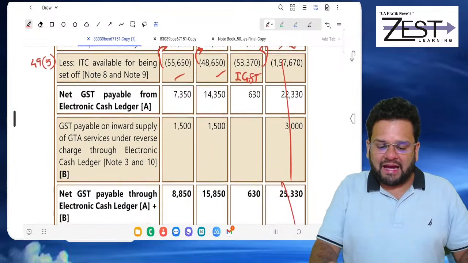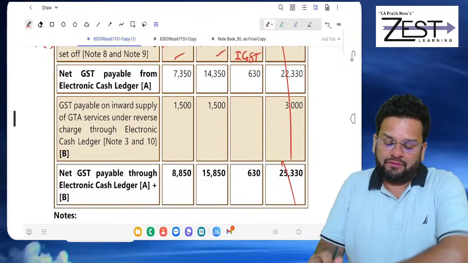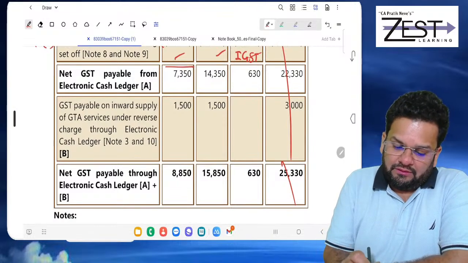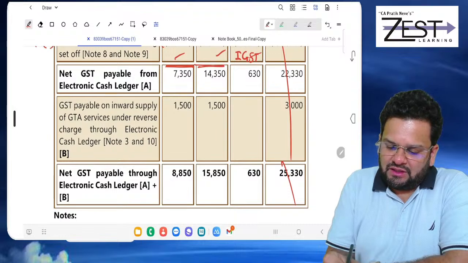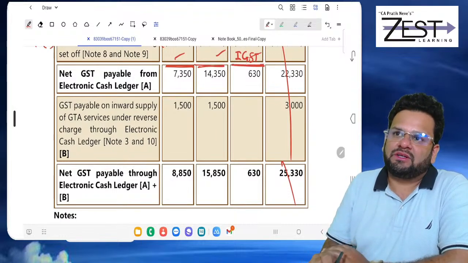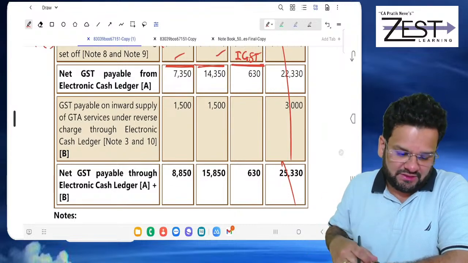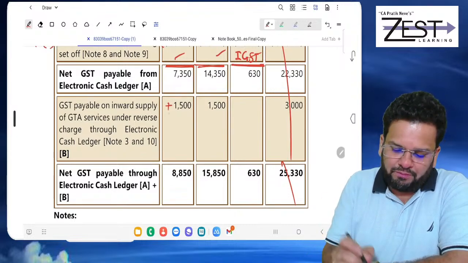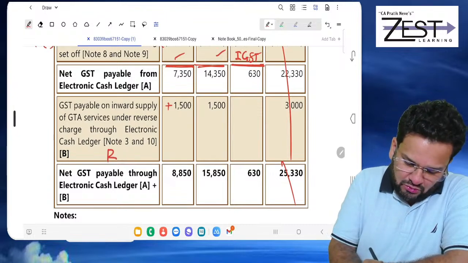After abiding by that, you have got net GST payable of CGST, SGST, IGST. But don't forget that on something you have to pay on RCM basis. So that is 1500 rupees, which we have seen just now.